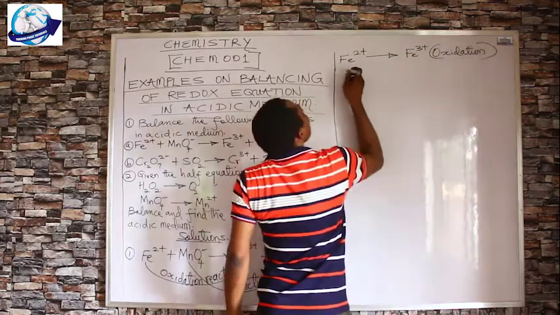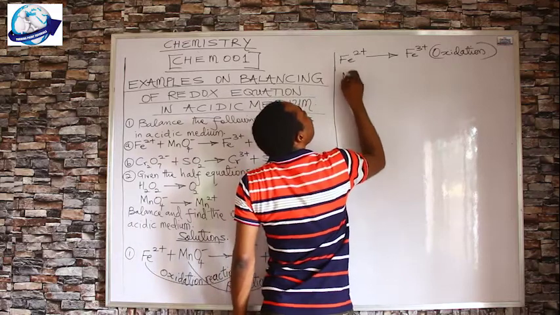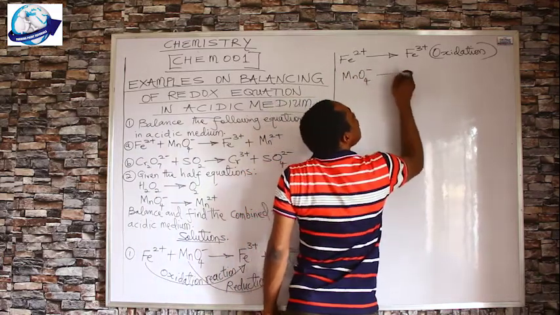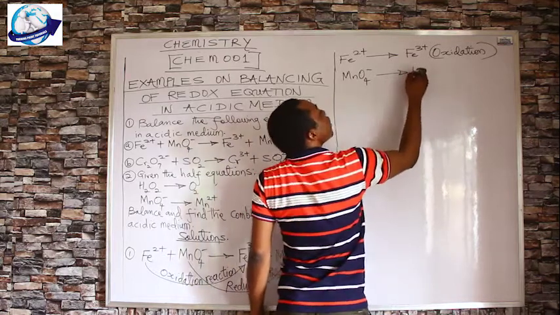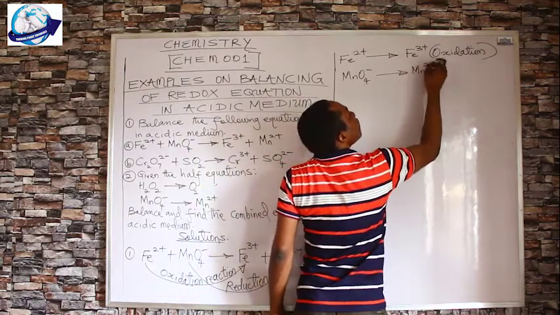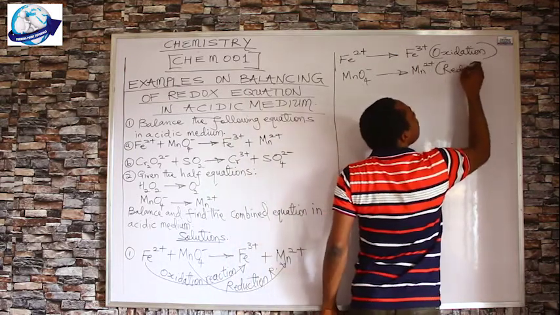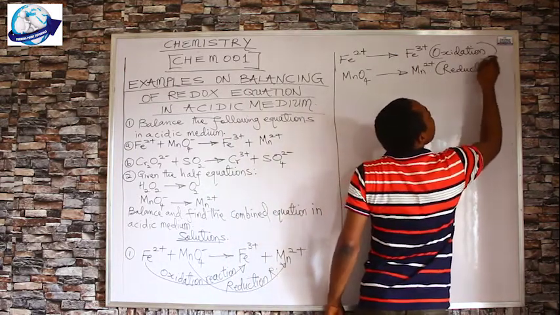Then for the other side, we have the MnO4- ion that has been reduced to Mn2+. This is called the reduction half equation, the reduction side.